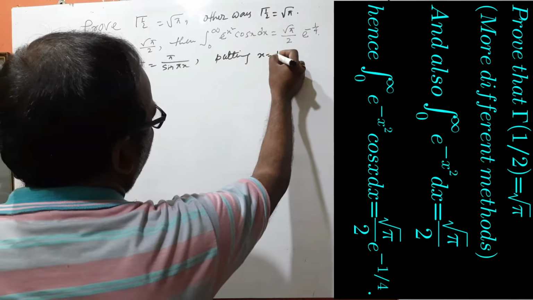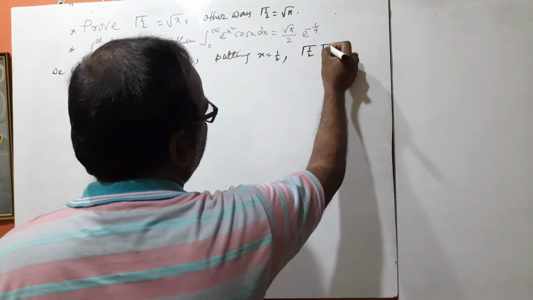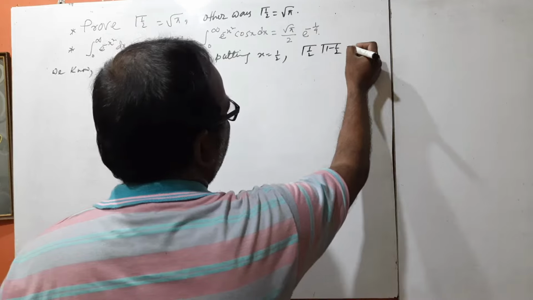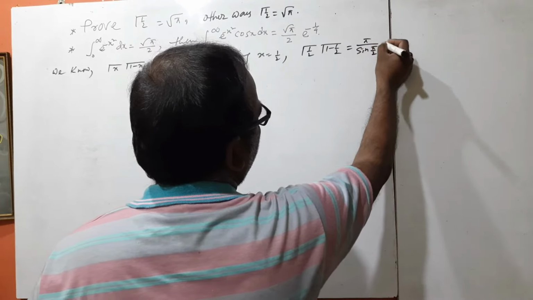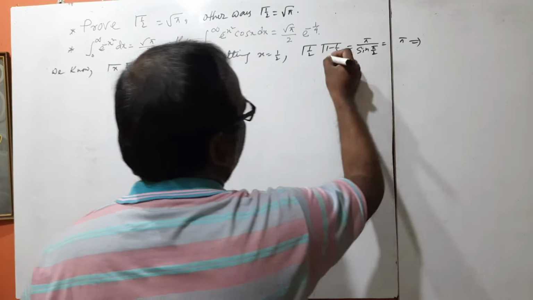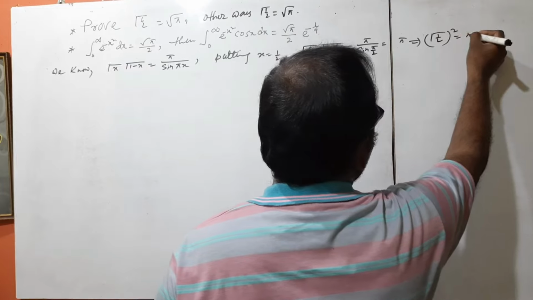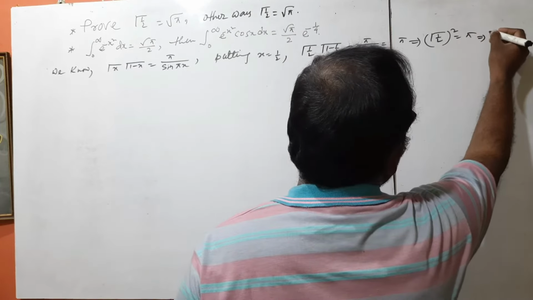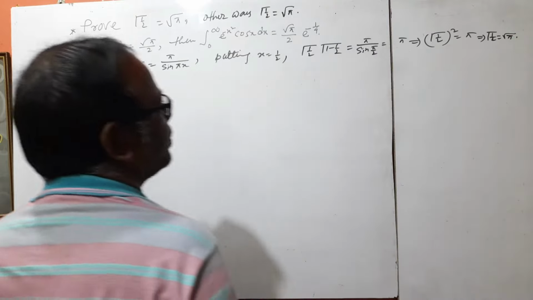Putting x equal to half, gamma half times gamma 1 minus half is pi by sine pi by 2, and this is pi. So gamma half whole square is pi, which implies that gamma half is equal to root pi.